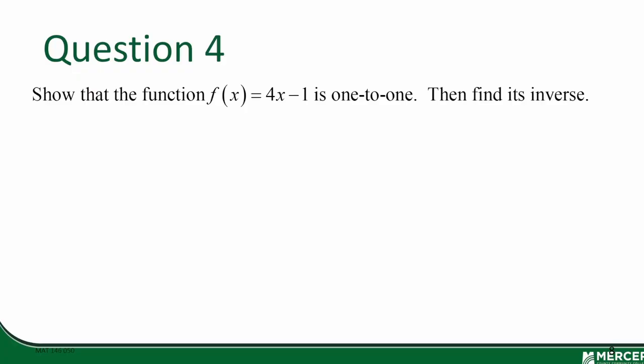Even if I get rid of the show it's 1-to-1 part, and I just say find the inverse of this function, the first thing you might want to do is check that it's 1-to-1. Because if it's not, then it doesn't have an inverse. And that's what you would state, has no inverse. And so again, you don't really want to spend time trying to find an inverse that doesn't exist.